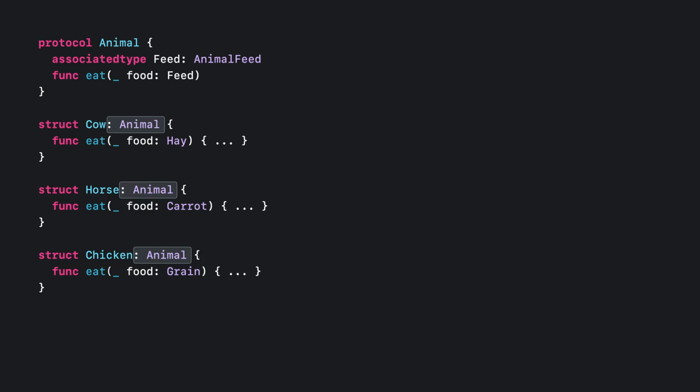Once you write this conformance annotation, the compiler will check that the concrete type implements each of the protocol requirements. Each animal type must implement the eat method, and the compiler can infer what the feed type is because it's used in the parameter list. The feed type can also be written explicitly using a type alias.